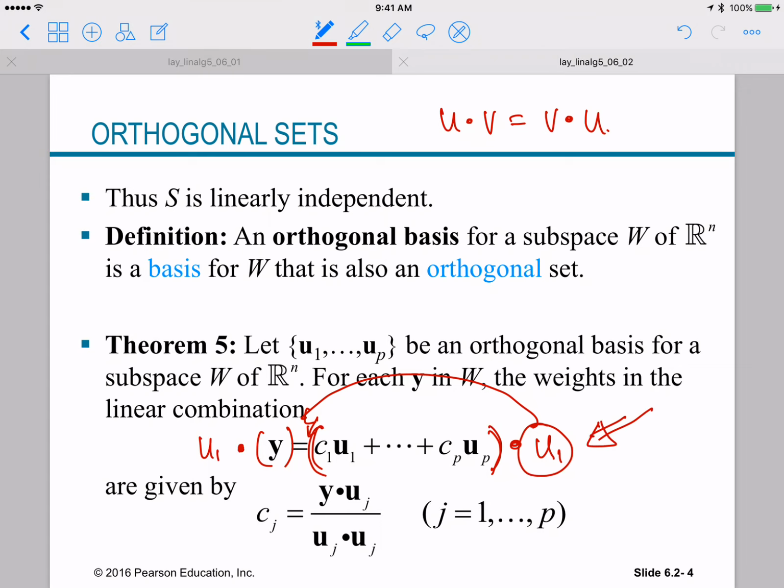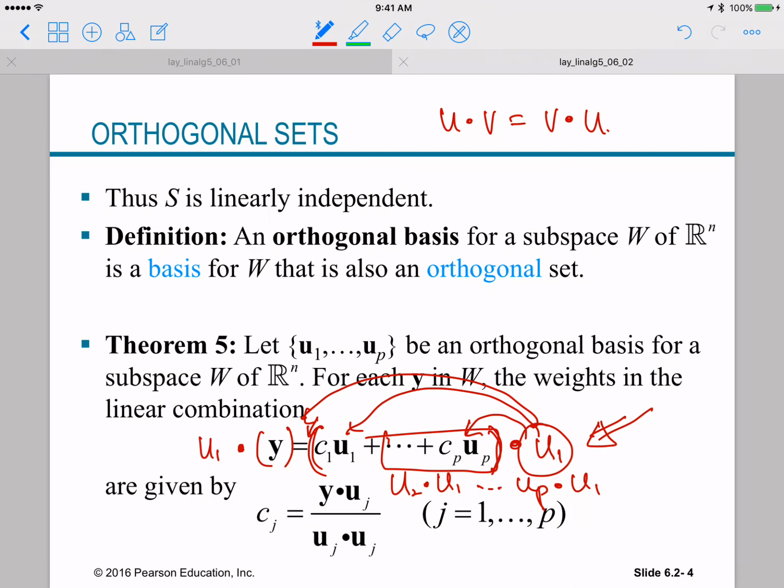And then the trick is exactly the same as what we saw in the previous slide. We just distribute the inner product, and then these parts will be composed of u2 inner product with u1 through up inner product with u1, which will become all 0, right?